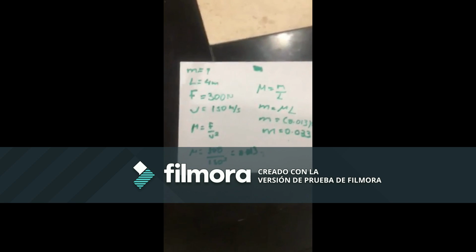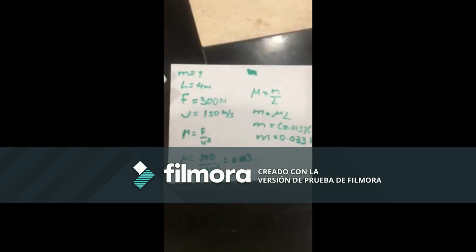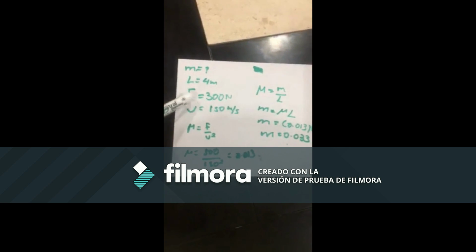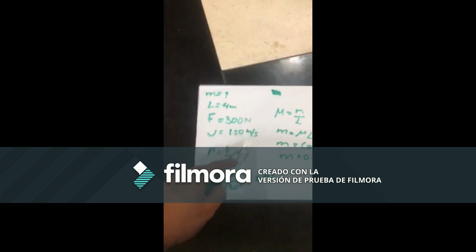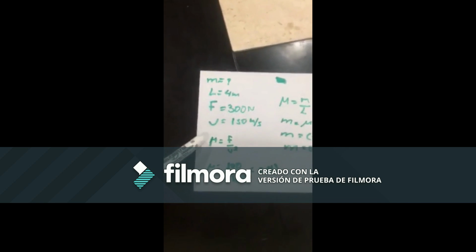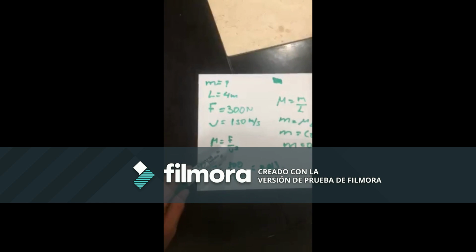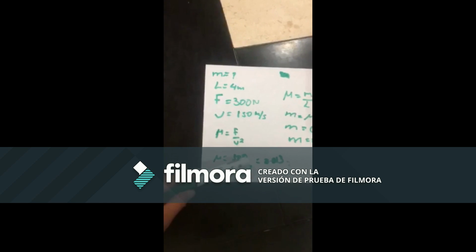In the fifth problem, they are asking us for the mass. We have length that is equal to 4 meters and force that is equal to 300 newtons. Then we also have velocity. Velocity is equal to 150 meters over second. First, you have to solve for mu. Mu is equal to force over velocity squared. Mu is equal to 200 over 150 squared.